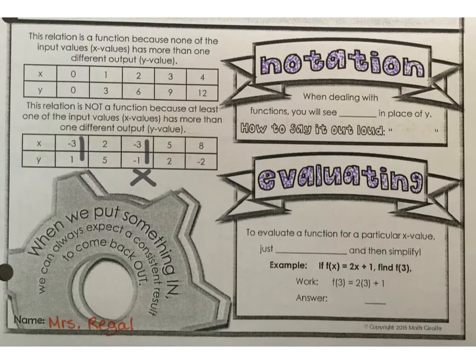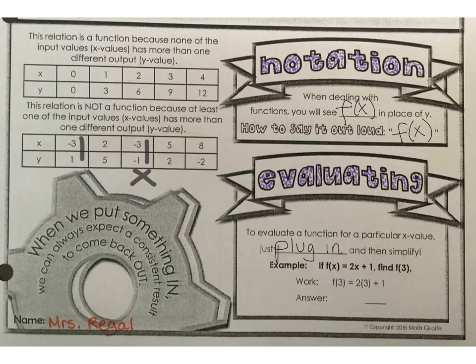When we think about writing function notation, you will see f of x in place of y. How to say that out loud, again, is f of x. So as we evaluate a function for a particular x value, just plug in whatever they give you for x and then simplify or solve the equation.